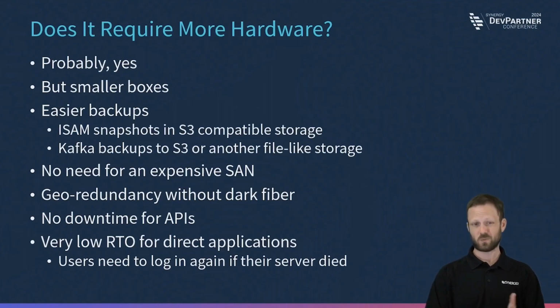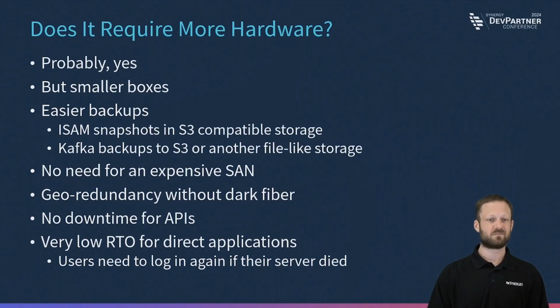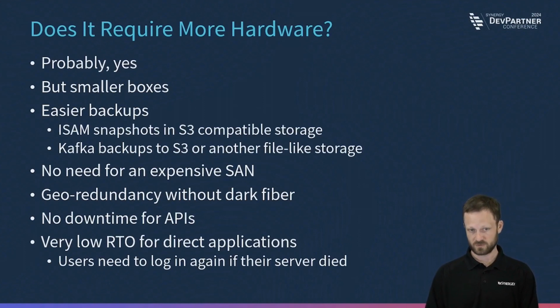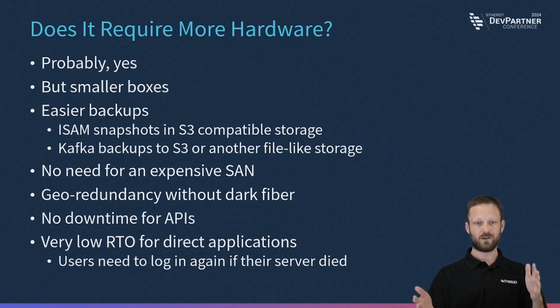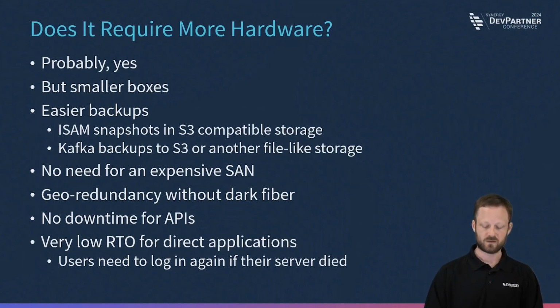So you've got more hardware. That gives us the possibility of not having any downtime at all. We're completely highly available for APIs, and very, very low return to operations for direct applications. If you're using RDP or SSH, the users on the affected node will need to log back in again, because it's Windows or it's Linux, and if that whole thing goes away, the state of their current running application will go away, and they have to connect back in.